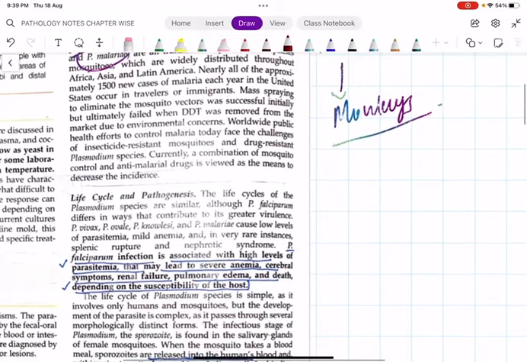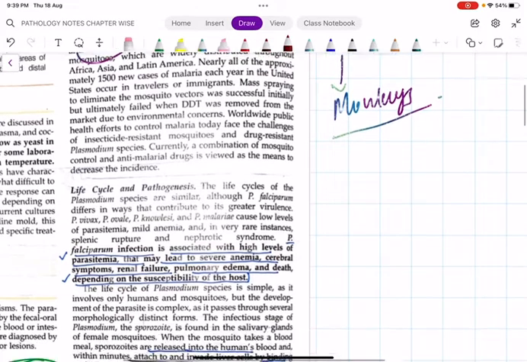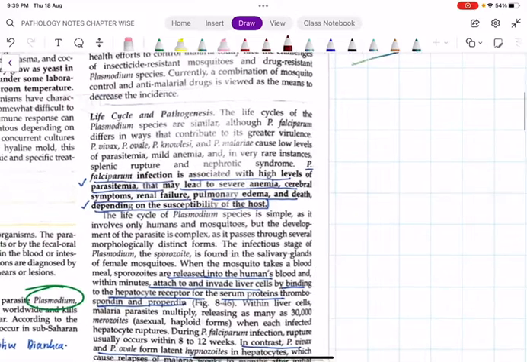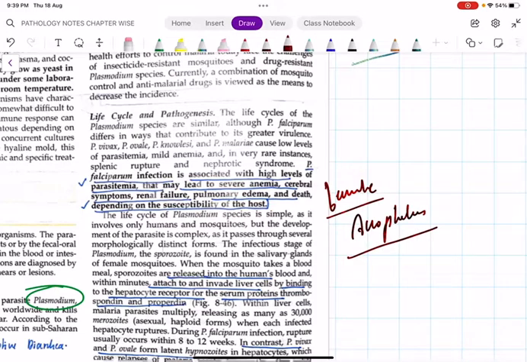What is the vector of Plasmodium? It is the female Anopheles mosquito.